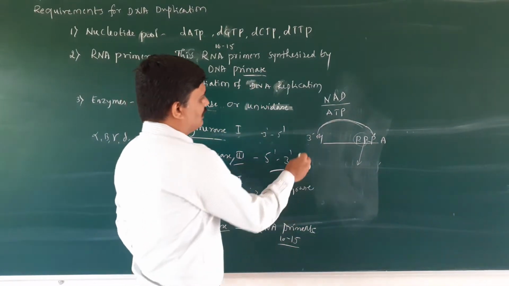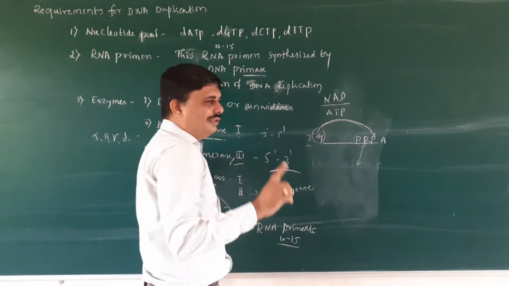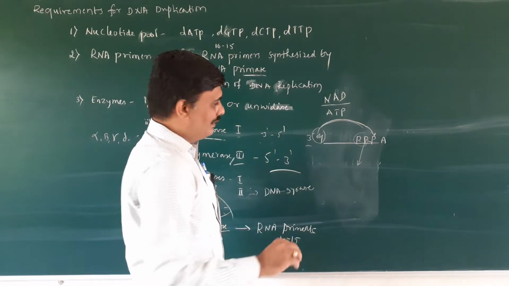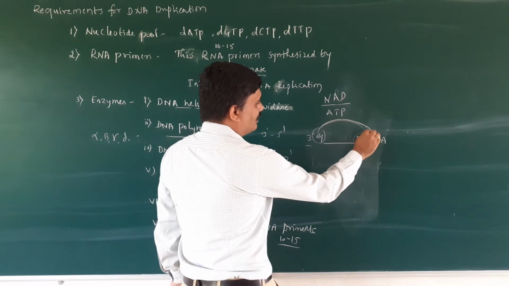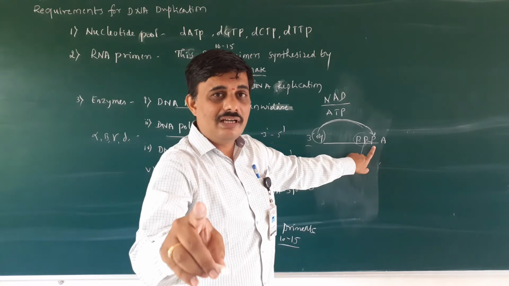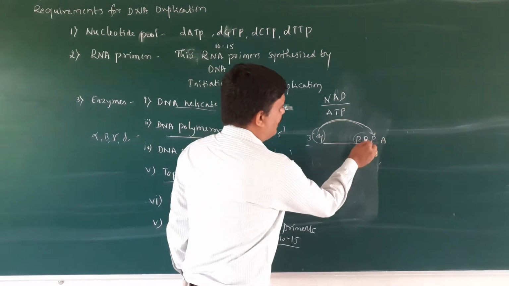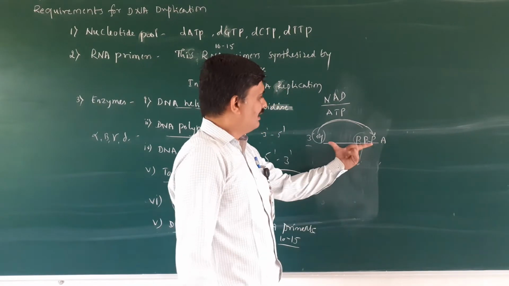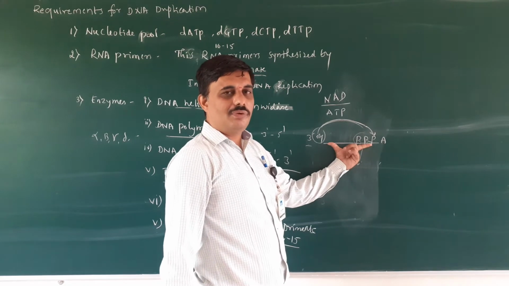What does it do? The 3' OH of one nucleotide attacks nucleophilically the interior phosphate present in another nucleotide, so that pyrophosphate is released and the phosphodiester bond is formed.